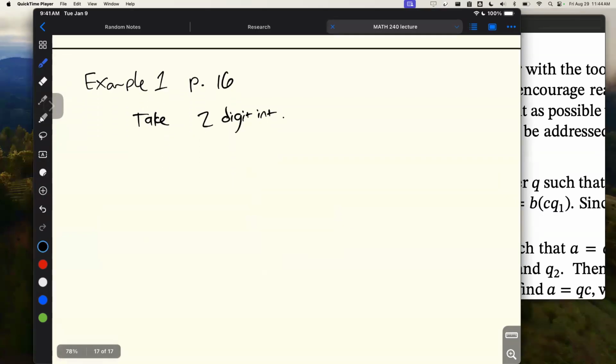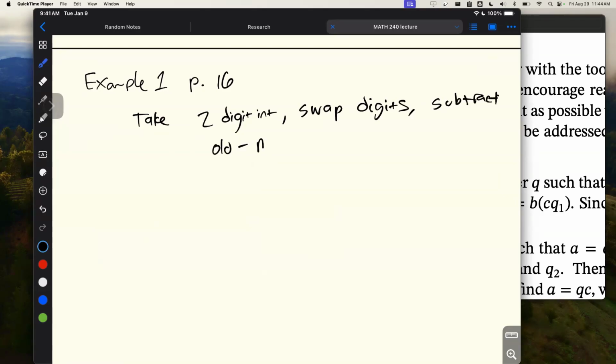So take a 2-digit integer, swap digits, and then subtract, old minus new. That number is divisible by 9.